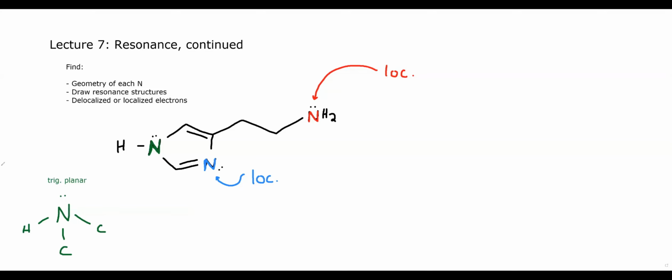If we look at the green nitrogen, these electrons are delocalized because they can participate in resonance. These electrons could be in a p orbital because there's no pi bond on this nitrogen. So these electrons here on the green nitrogen could be delocalized.